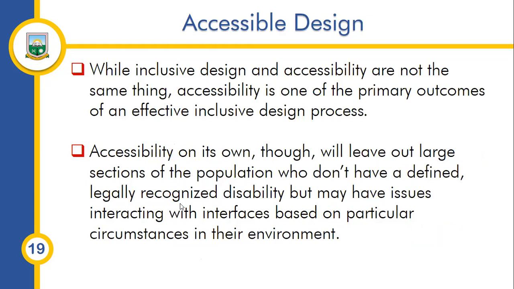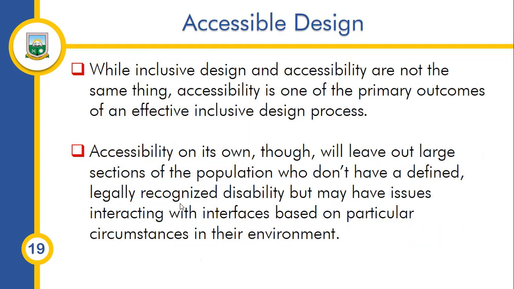While inclusive design and accessibility are not the same thing, accessibility is one of the primary outcomes of an effective inclusive design process. So as I was saying, the accessible design approach falls under the inclusive design process.